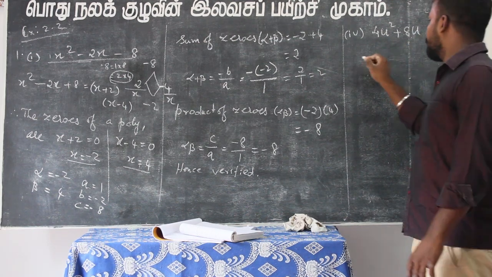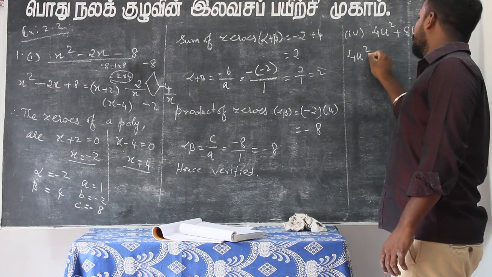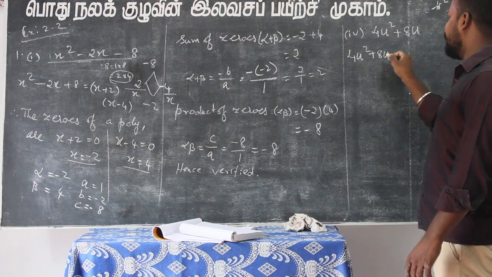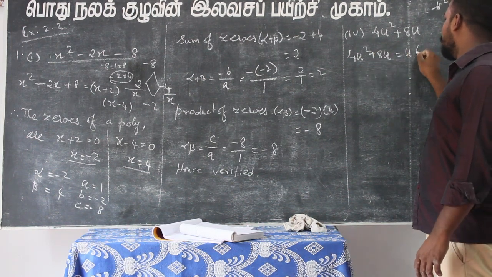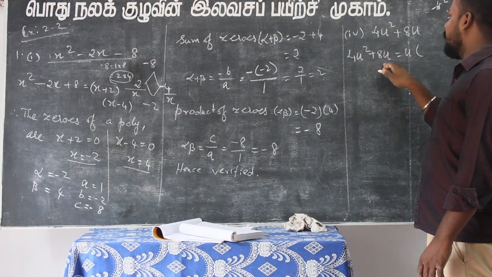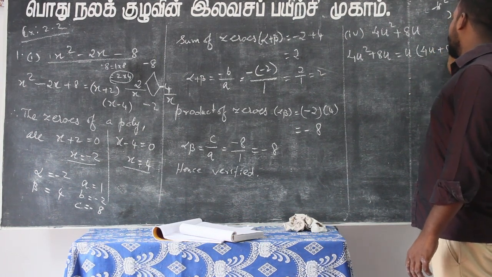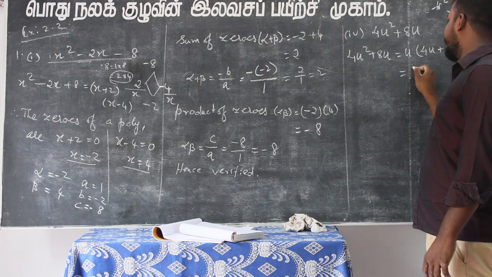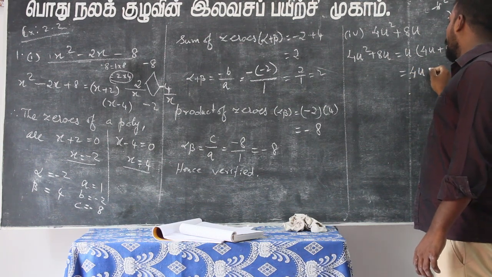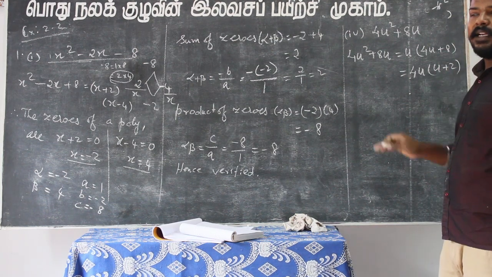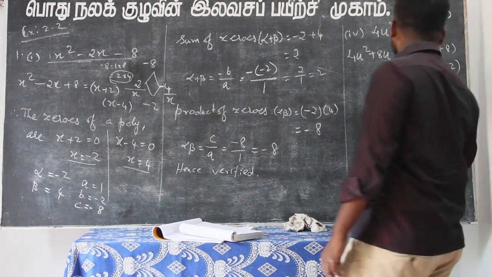For 4u square plus 8u, we can take u commonly outside. So u into what remains: 4u plus 8. Then we can take 4 commonly outside, so 4u into u plus 2. These are the two roots here.